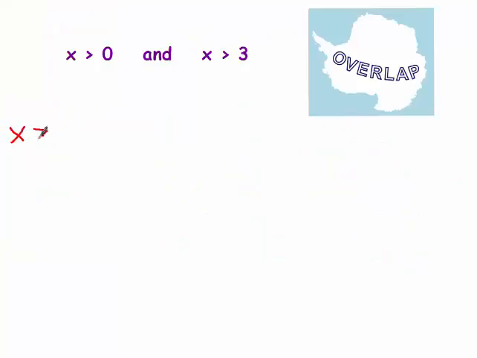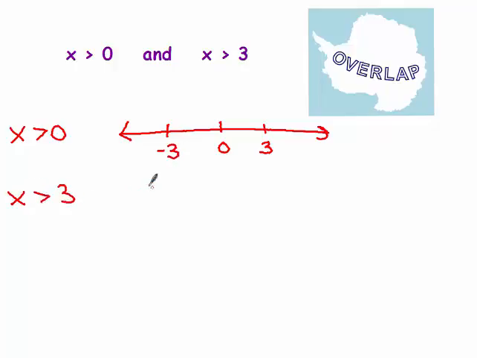X is greater than 0. Just like with disjunction, because it's 0, I'm going to use 3 and -3 because I looked at my other inequality. X is greater than 3.